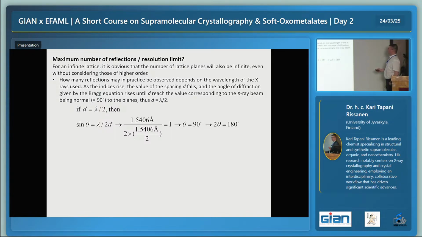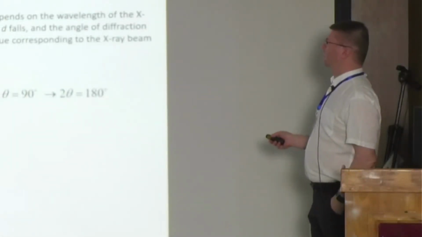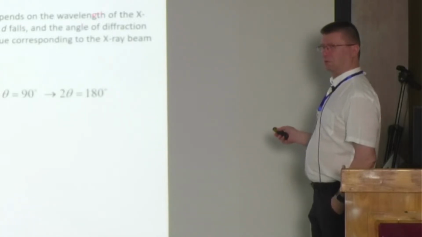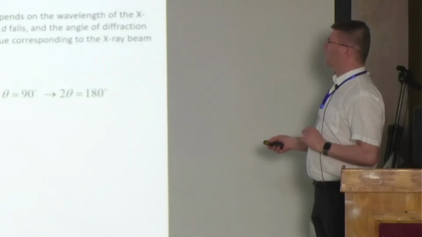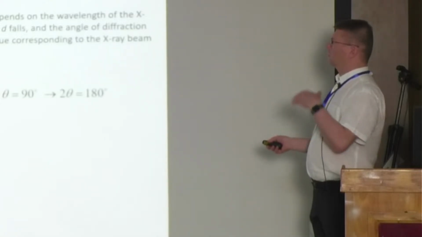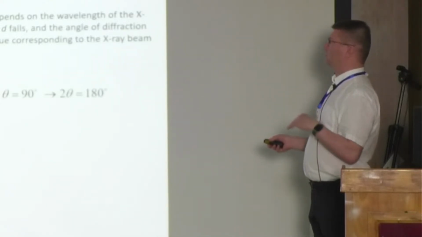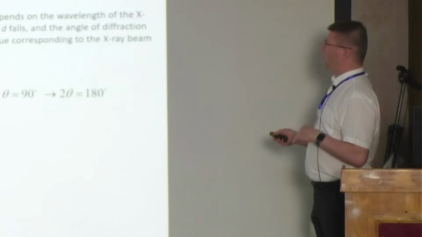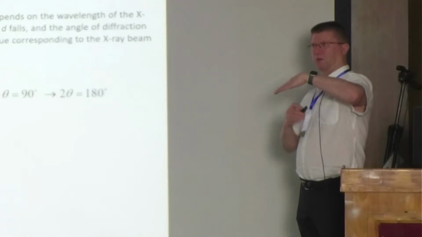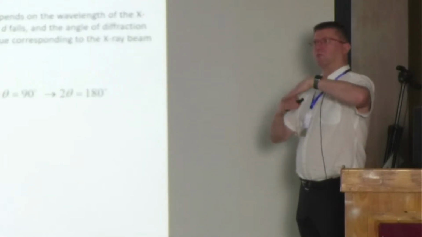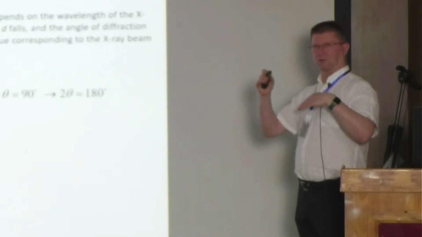This is one of Bragg's law applications, of course. Don't worry about this yet. When the spacing or the separation of what we now call diffraction planes gets smaller, the more reflections you get out of it.